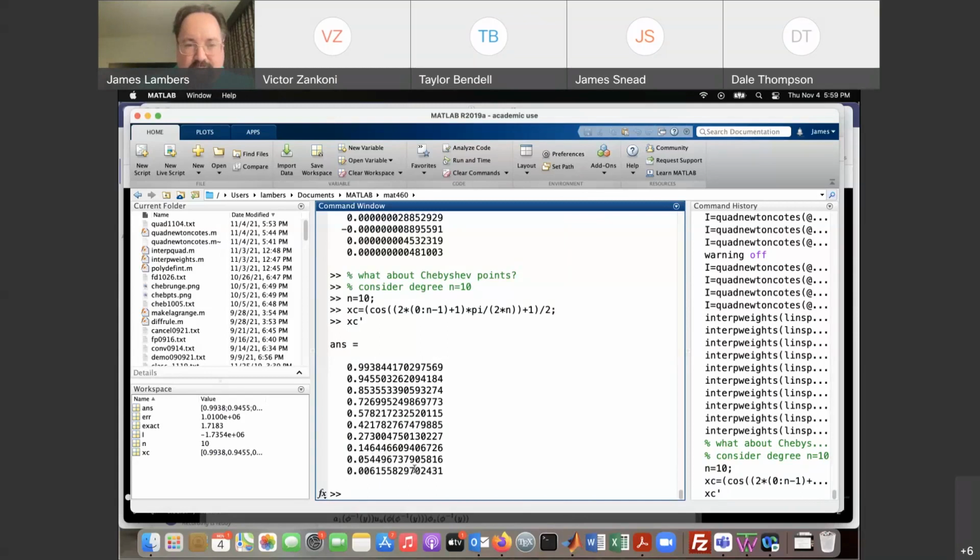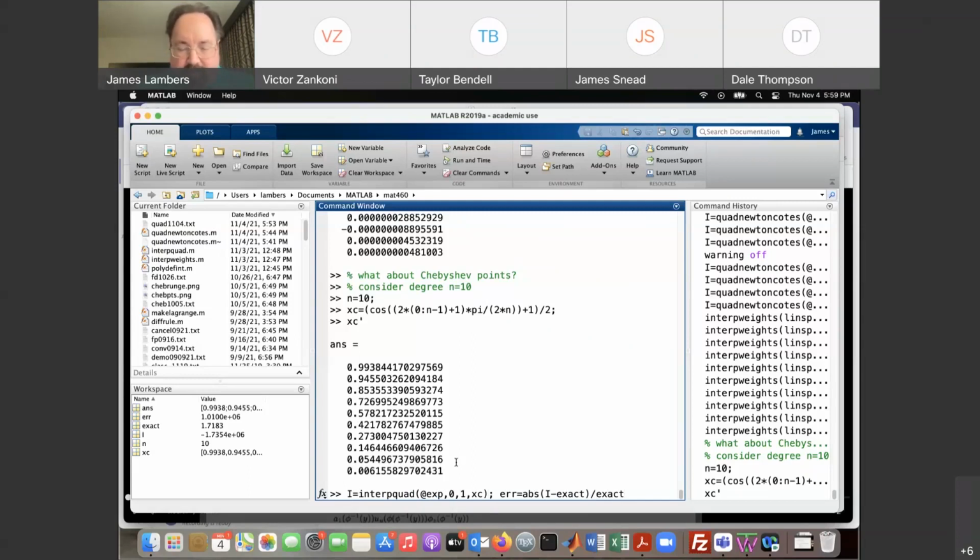Now if I do interp quad with the exponential on 0 to 1, and these Chebyshev points, I'll save the result in the variable I. And then the error is the relative error in this case.